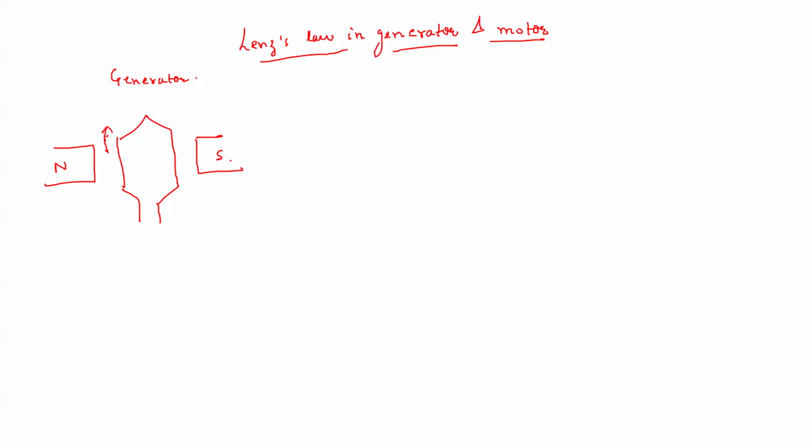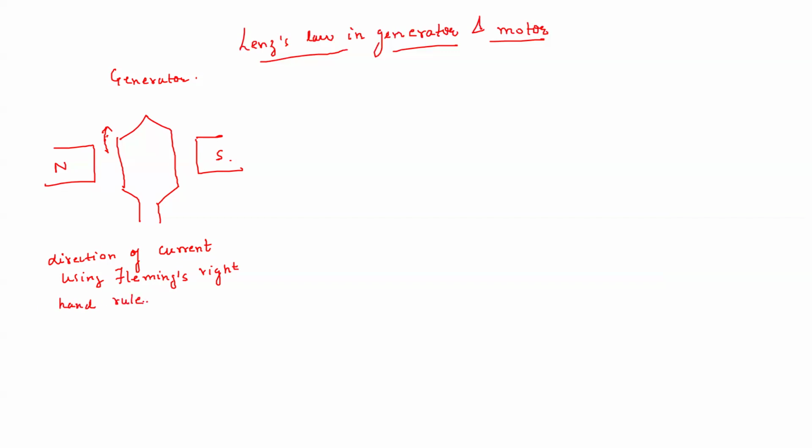So if we have to find the direction of the current, we will find it using Fleming's right hand rule.